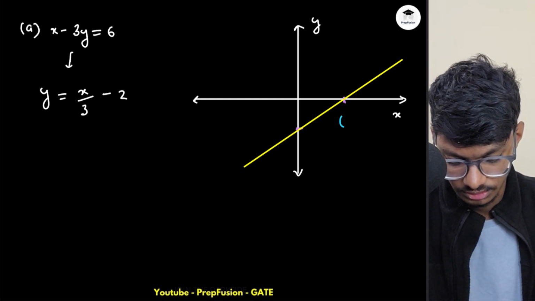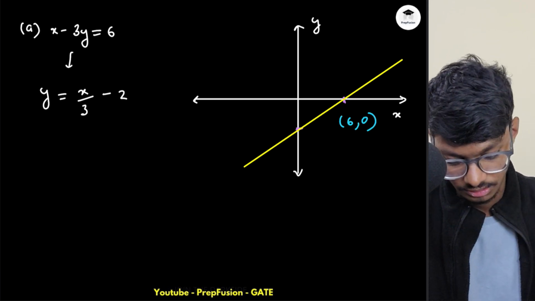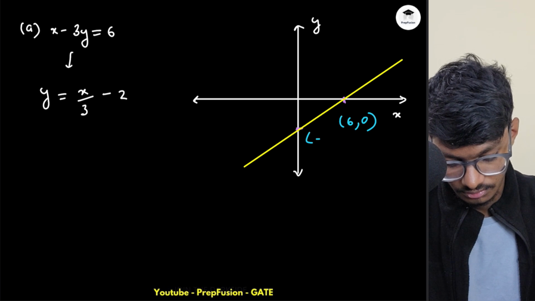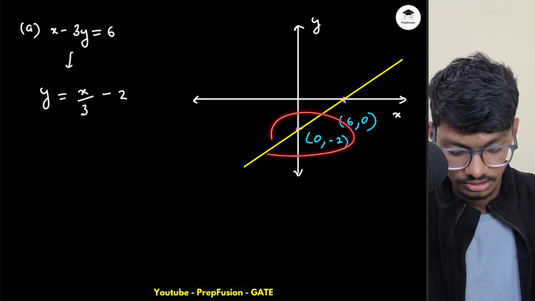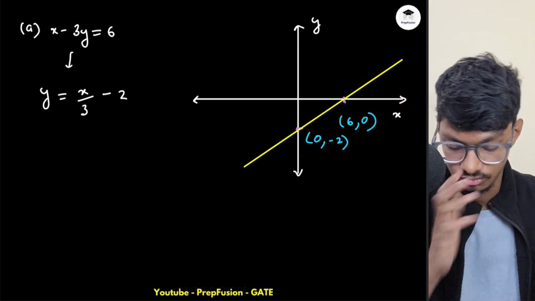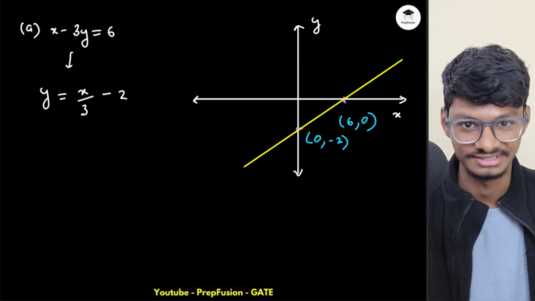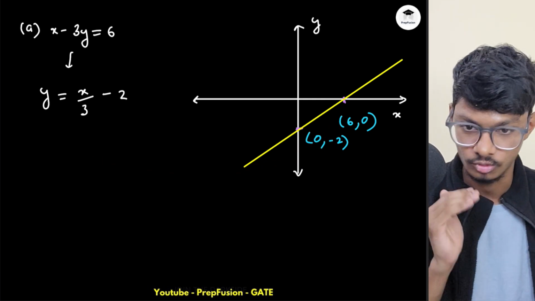This is 6 comma 0 and this is 0 comma minus 2. So these are my x and y intercepts. This is the standard equation, so from here also you can directly plot it. These are class 10-11 things, so I'm not going too much into the details here.